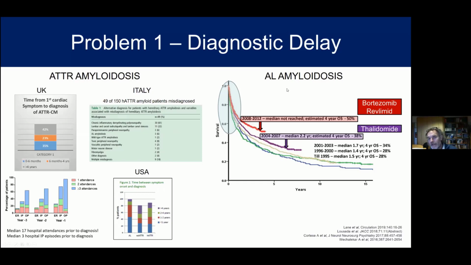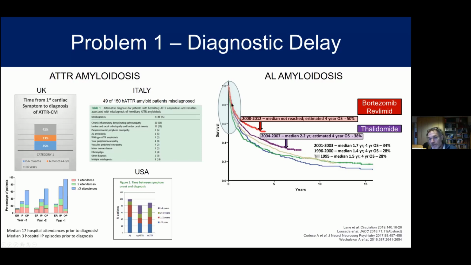On the right here in AL amyloidosis, you can see that the outcomes have improved pretty dramatically over the years with improved treatments of the monoclonal gammopathy and better chemotherapy agents. But what really hasn't changed is this early mortality of up to 30% of patients who die within 1 year of diagnosis.